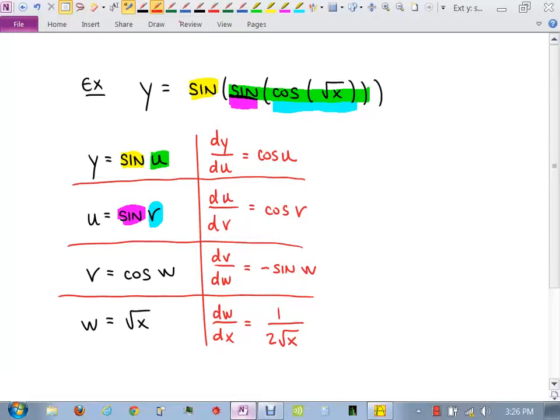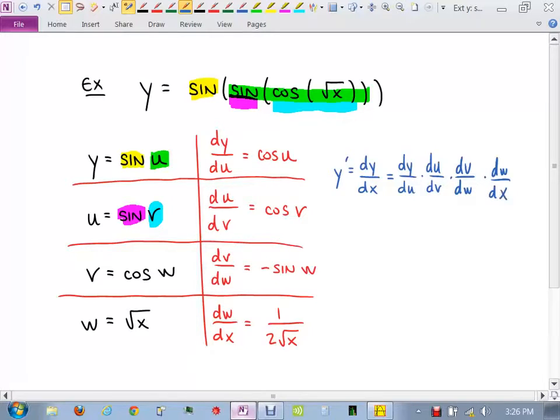So now to get to the answer. The answer that I want, y prime, is equal to dy dx. But using the chain rule, this is the same as dy du times du dv times dv dw times dw dx.